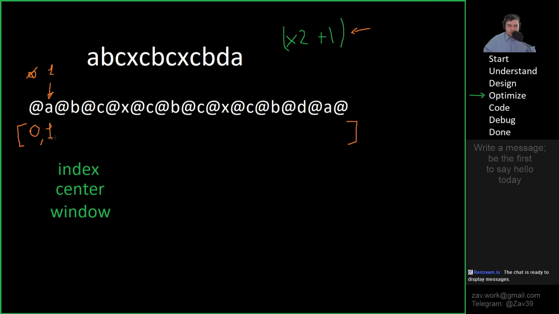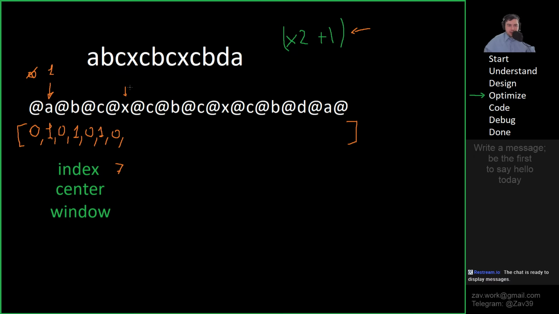Let's go a bit further. For the next one, we have 0. For B, we have 1, then 0, then 1, then 0, and here the fun starts. So we have x, which is index 7 right now.